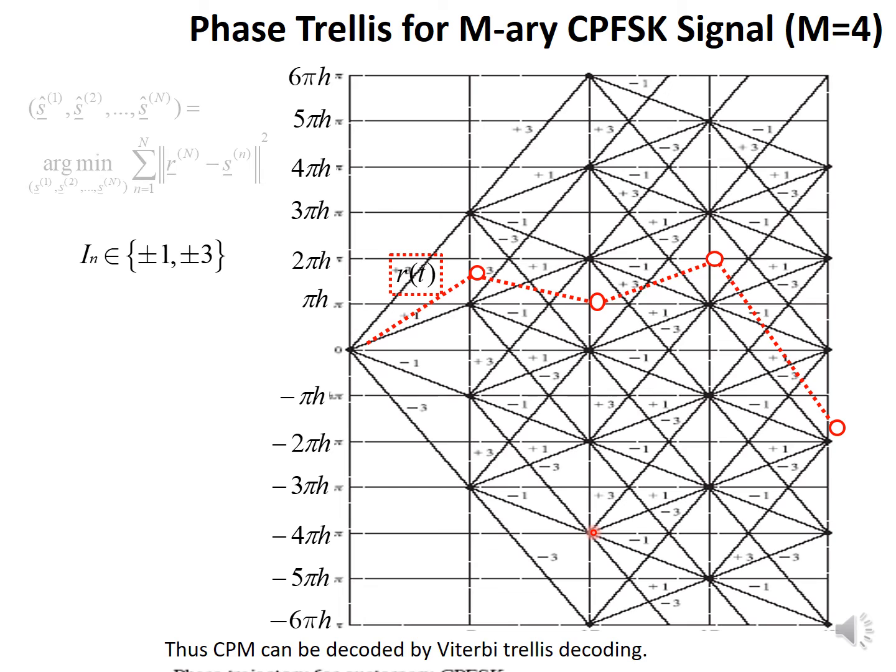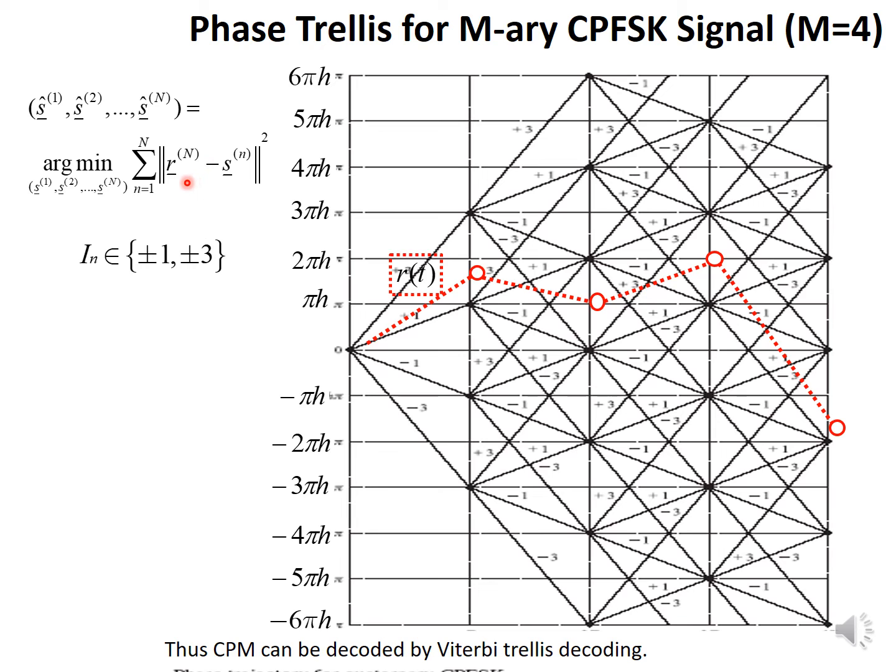After we have n transmission symbols of S, every transmission symbol has a path.